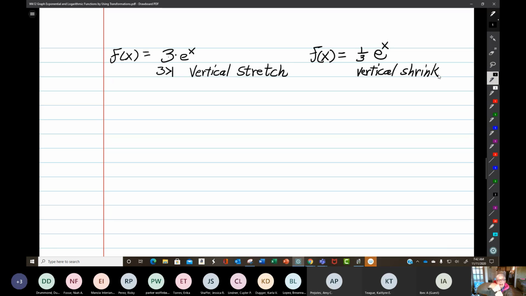A vertical stretch pulls the graph up vertically. A vertical shrink squishes the basic graph vertically. Squish.